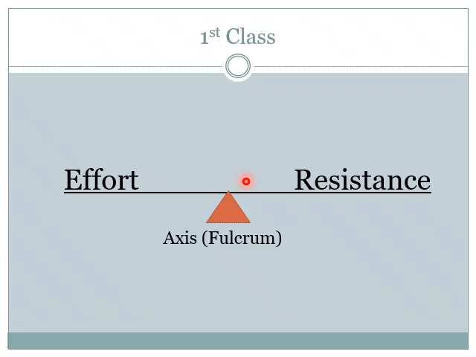You have your fulcrum right in the middle. But in the case of a first class lever, you can have a mechanical advantage of greater than 1 or less than 1, depending upon which one of the arms is actually longer. Okay, so that's your first class lever. Again, anytime you have the effort force and the resistance force on opposite sides of the fulcrum, that's a first class lever.